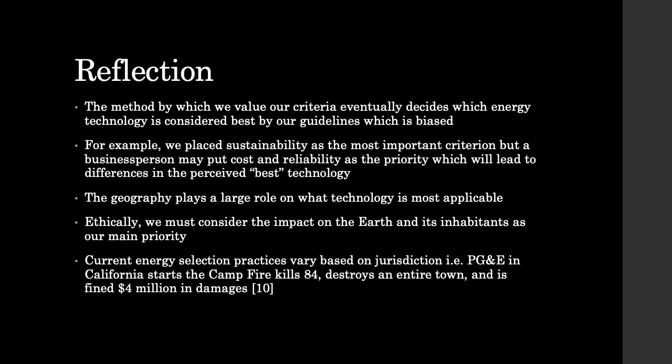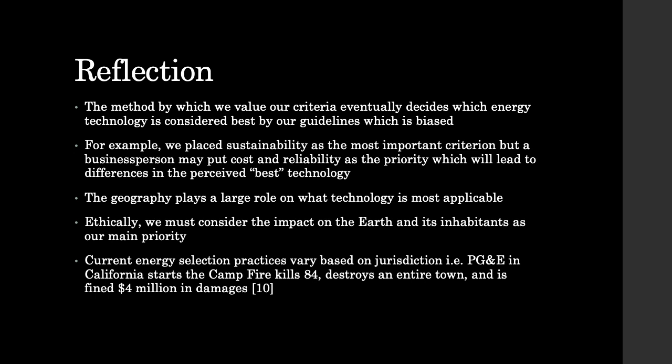Another thing to consider is that the geography plays a large role in considering what technology is most applicable. Ethically, we must consider the impact on the Earth and its inhabitants as our main priority, as we have seen from our history that choosing to neglect to do so leads to catastrophic damage and irreversible consequences. Current energy selection practices vary based on jurisdiction.